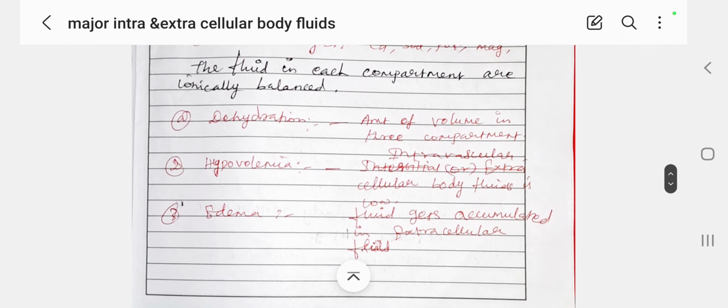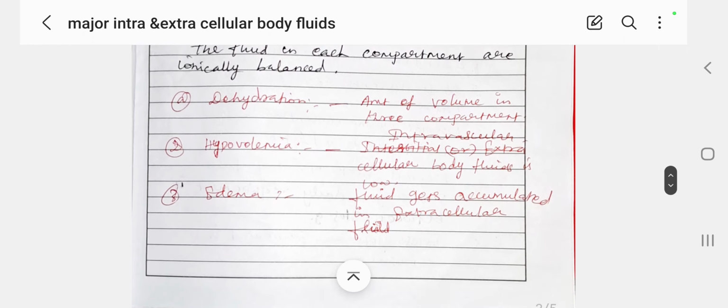We already discussed the percentage and total volume of the body fluid. For example, intracellular fluid is 40 to 50% of body weight with a volume of about 30 liters, and extracellular body fluid is 12 to 15 percent with a total volume of about 10 liters.